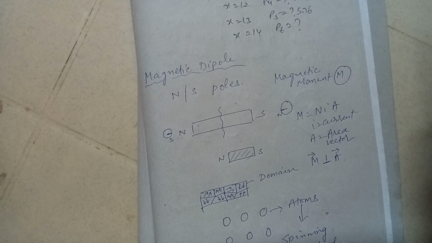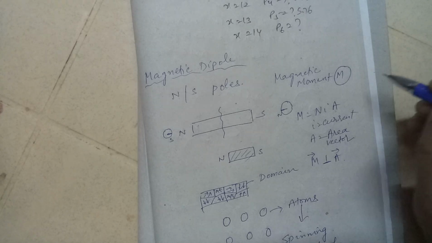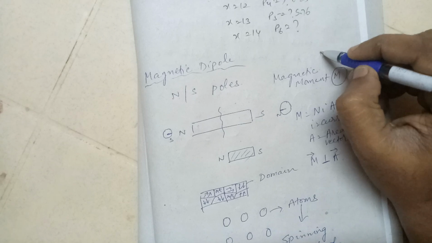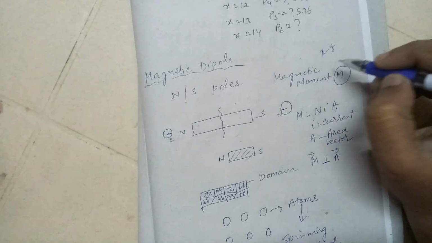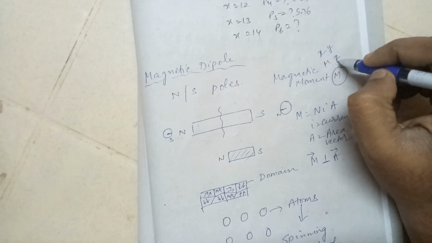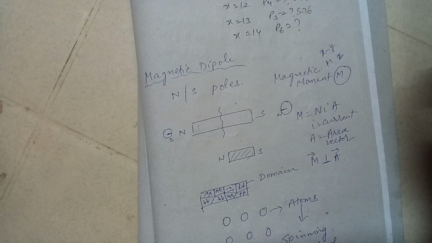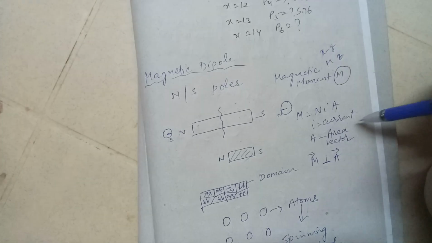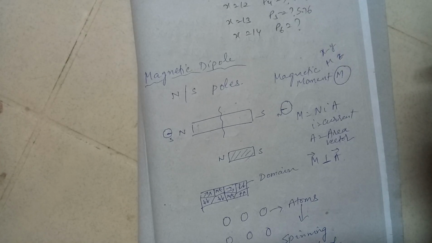Let us say it has got an XY plane. Then if the loop is in the XY plane, my M will be in the Z direction. Now whether it is towards you or away from you, that has to be decided. But basically this M is always along the area vector, perpendicular to the plane of the loop.